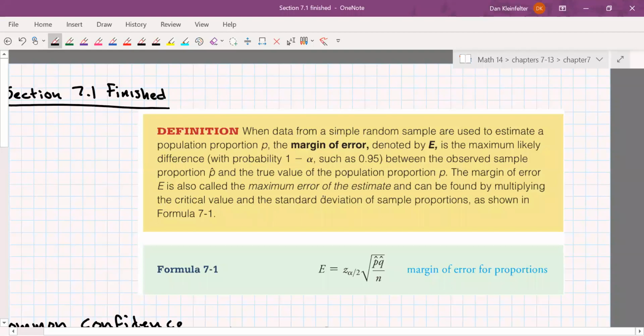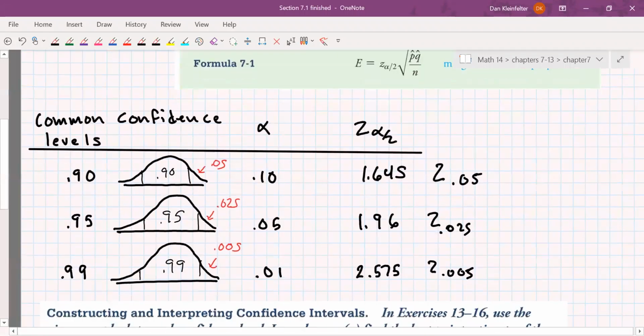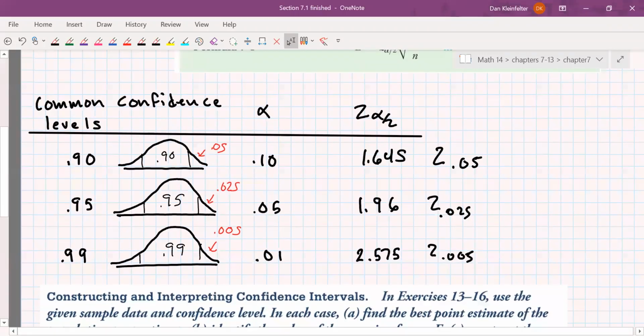Basically that's the number that we ended up adding and subtracting to the P hat to give us the left and right ends of our confidence interval. So that formula is repeated here. It was Z alpha over 2 times square root of P hat Q hat over N, where N was the sample size. There were a couple of commonly occurring confidence levels, 90, 95, and 99.